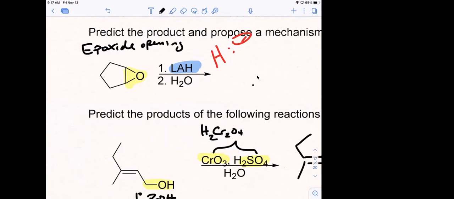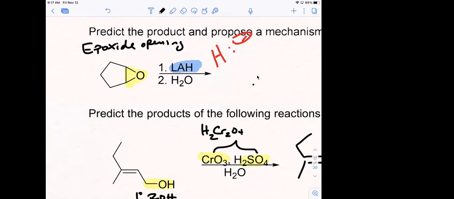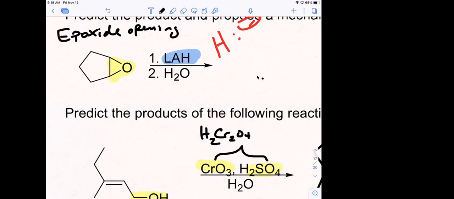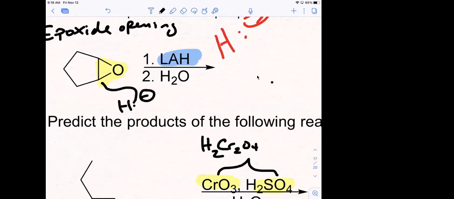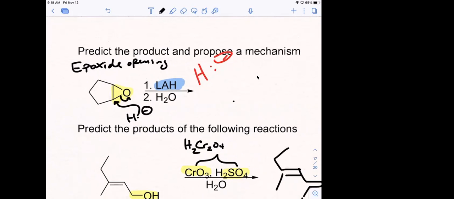And then it's the LAH, which is going to provide the nucleophile to pop it open. So it's really just going to be not a proton, a hydride that's going to come in and attack that epoxide. So this is coming here, and this is coming here. It doesn't matter which side it opens because the epoxide is symmetrical.